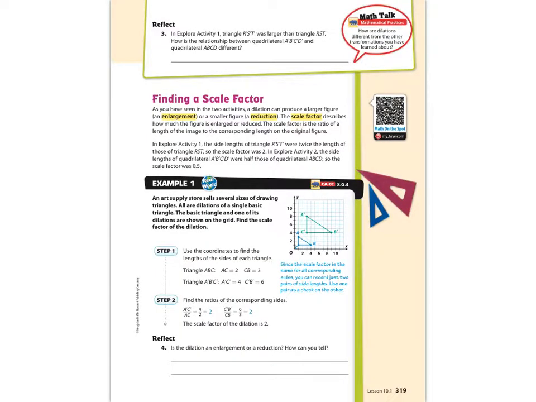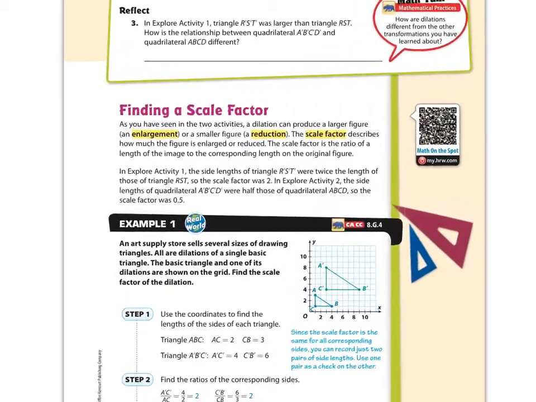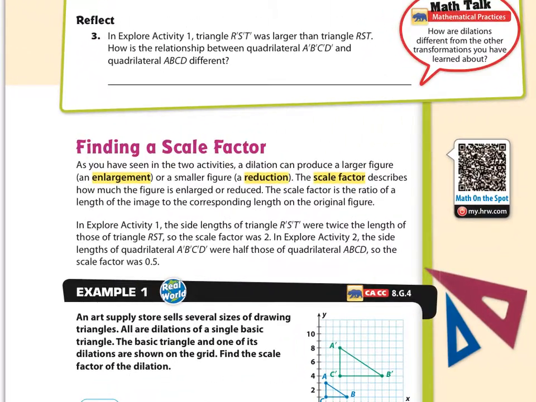Before we take a look at the example, I wanted to point out the vocab words that we have here. Oh, scale factor is actually right here. We just talked about that a moment ago. So when we do a dilation, remember that we're making the shape bigger or smaller. And the technical term it gives you here is enlargement, right? That means making it bigger.